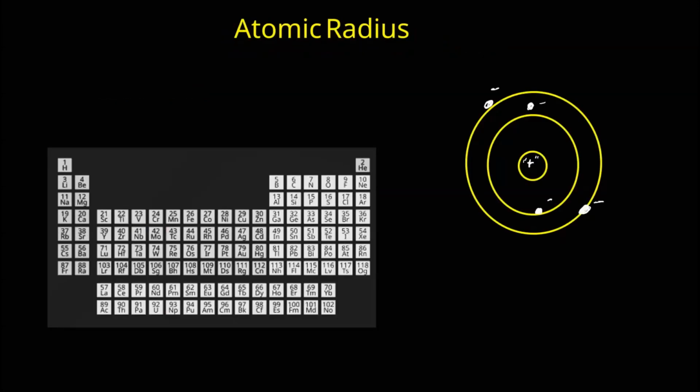Atomic radius is the distance from the nucleus to the outermost electrons. So this will be the diameter. Because electrons are negatively charged, they are attracted to the nucleus, which is positively charged. In a many-electron atom, each electron is simultaneously attracted to the nucleus and repelled by the other electrons.